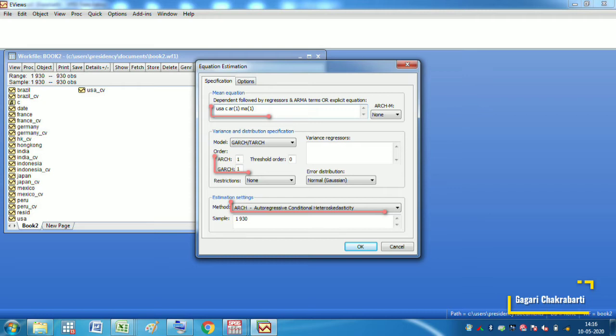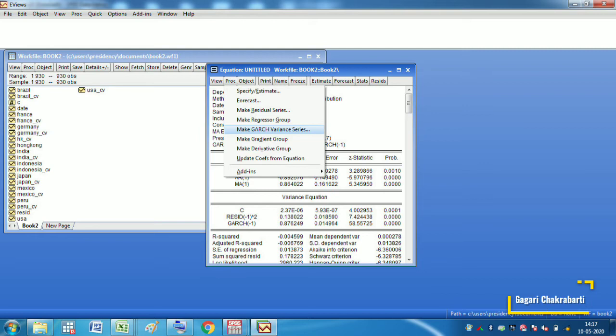The mean equation has US return given by USA as the dependent variable. It has a constant and suitably lagged AR and MA terms. Lags are determined on the basis of the minimum AIC criteria. Now we have estimated the model and the conditional variance has been saved.